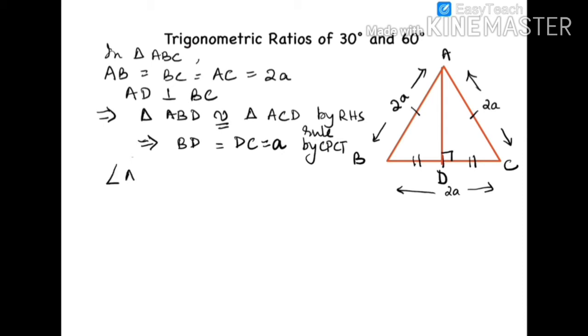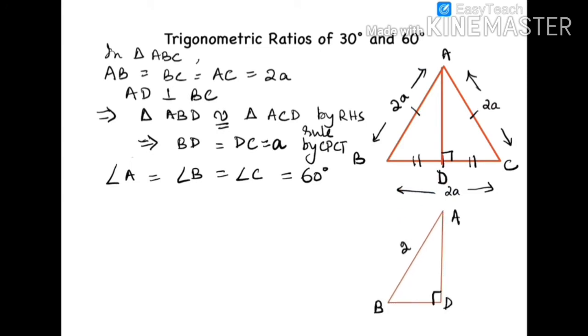Now, each angle in an equilateral triangle is equal to 60 degrees. So let's take triangle ABD. Side AB is 2A and BD is A. And angle B is 60 degrees.